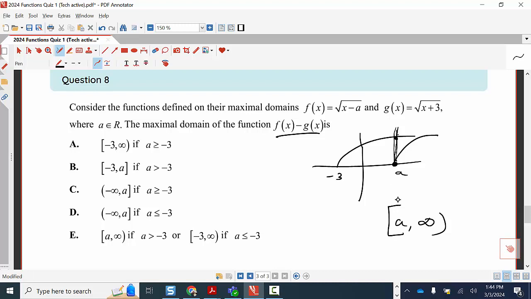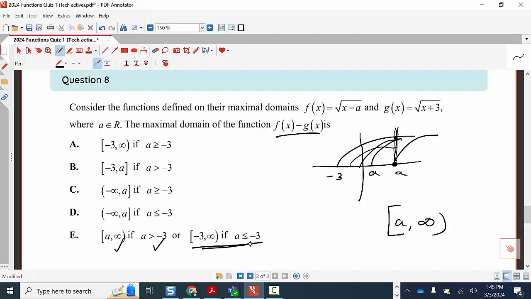Now, do we get that anywhere? If a is greater than -3, then what's going to happen is it's got to be whatever the value of a is onwards. So this is the only one that makes that true.